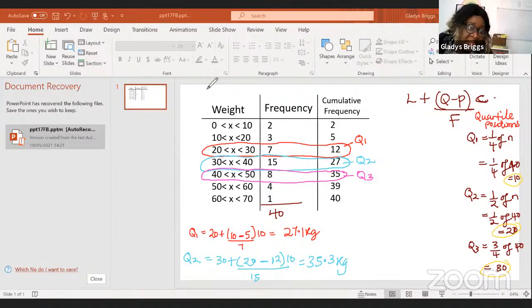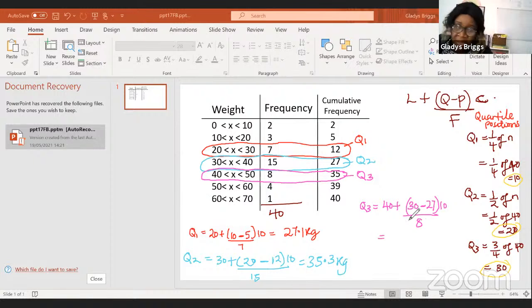For quartile 3, we'll do the same thing again. L is the lower limit of the quartile class. So for Q3, we go with 40 plus quartile position 30 minus frequency of the previous class 27, times C, the class width, 10, over I think it's 8, the frequency.